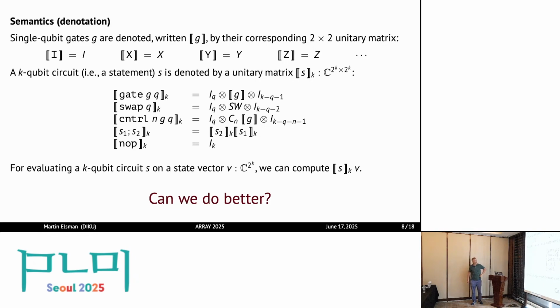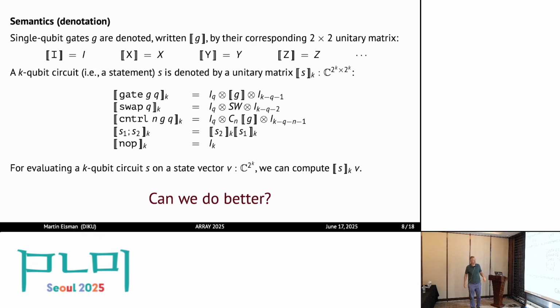We then also see, to give a denotation for a statement, we also parameterize it over the number of qubits that we work on. And there will always be this global state vector, which is 2 to the k.